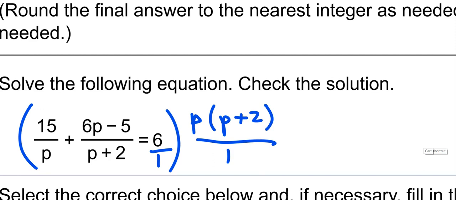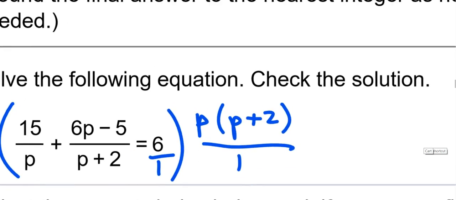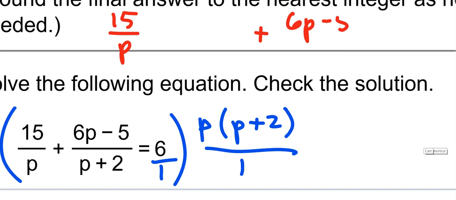Okay, now. For those of you that need to see it written out separately, I'll try to write it out separately in red. I got 15 over p plus, and there is a reason I left space there, 6p minus 5 over p plus 2.